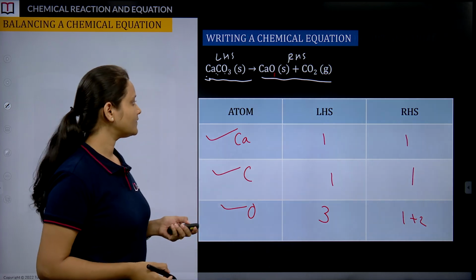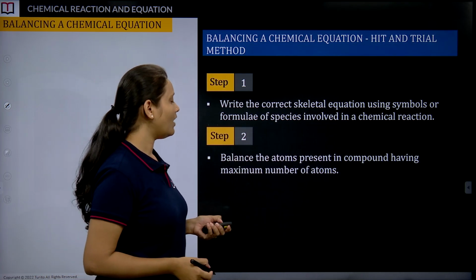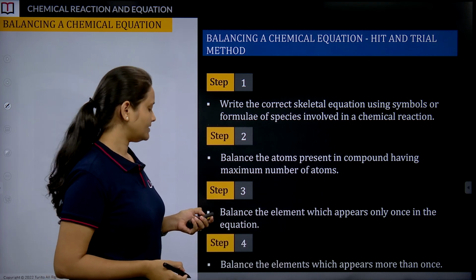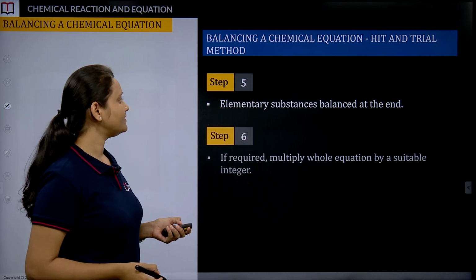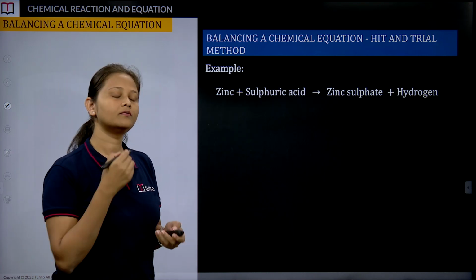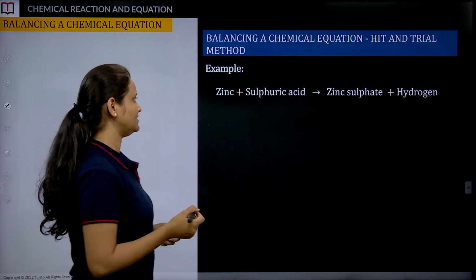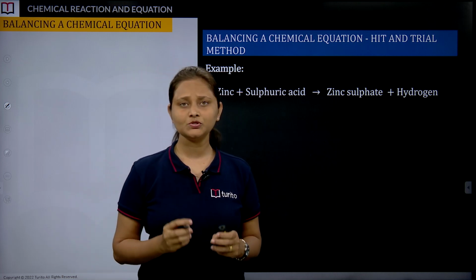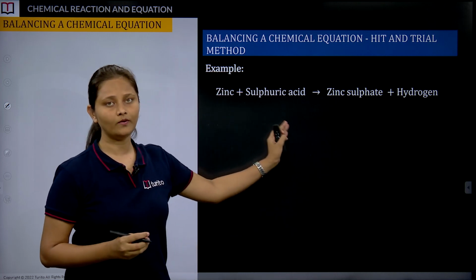Okay, so these were some rules which we have gone through. Let's try to understand, with the help of some examples, what balancing of a chemical reaction is. Many times you will be provided with a word equation.